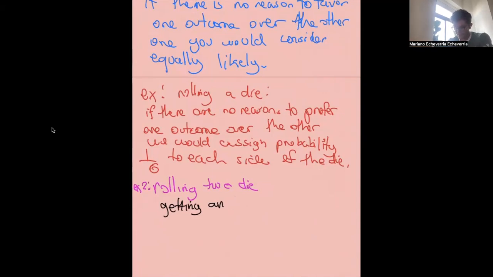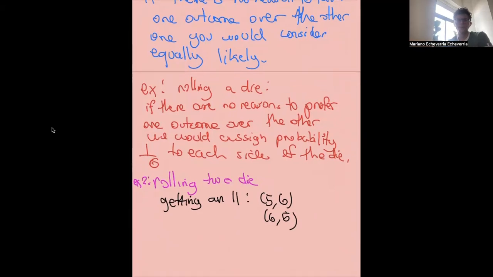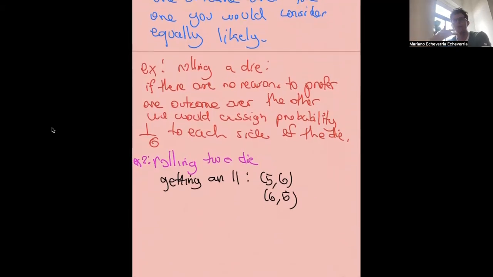You could get 5 on the first and 6 on the second, or 6 on the first and 5 on the second. Those were the only 2 ways to get 11, out of 36 combinations possible.